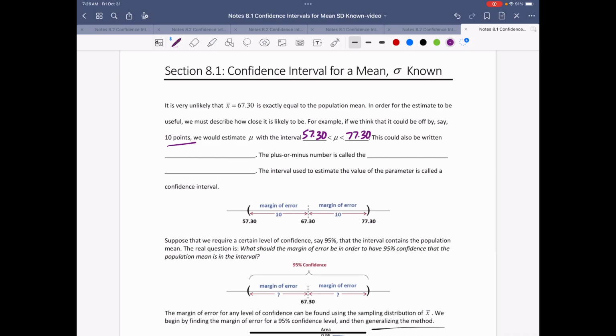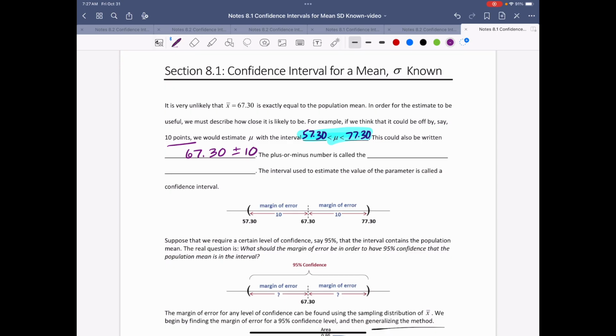And if you look at this, this is how Alex does the mu. That's how you're going to type it in on the confidence interval. That's how you'll type it in on Alex. This could also be written as 67.30 plus or minus 10.